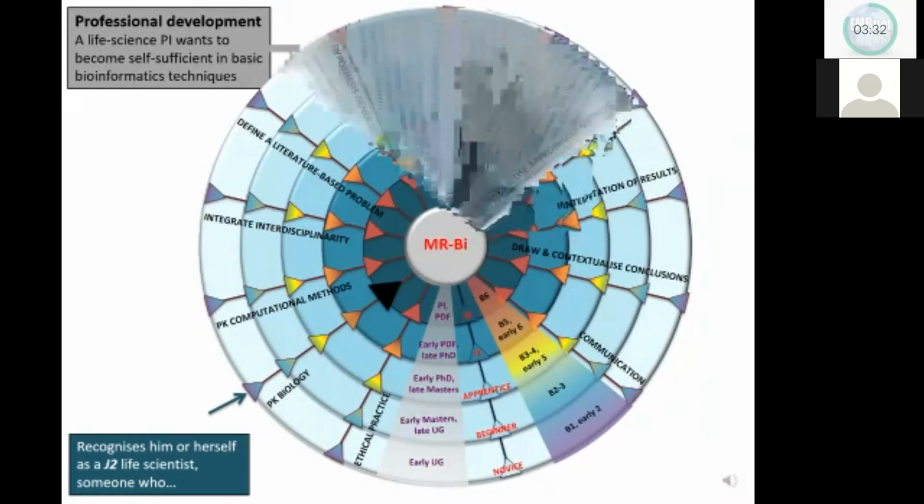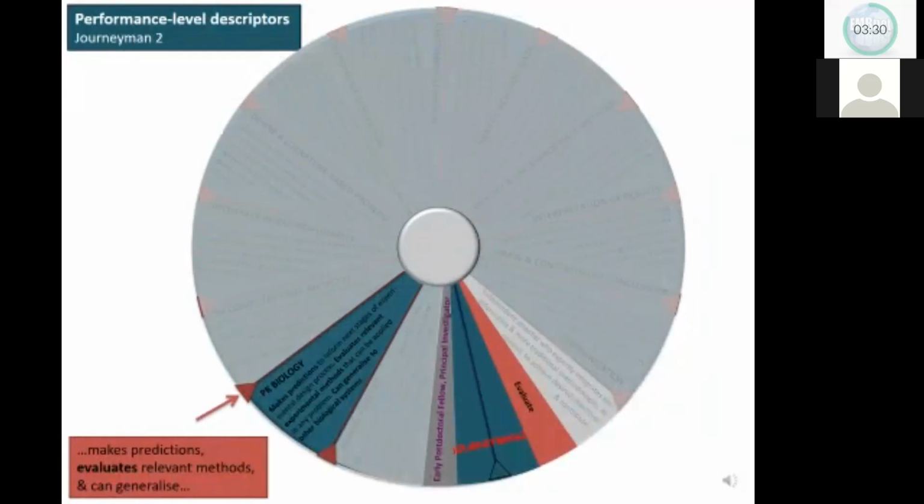And this is someone who makes predictions, evaluates relevant methods, and can generalize to other biological systems, and so on. And as you can see in the highlighted performance levels descriptor here, and note the requisite Bloom's level reflecting that. So this is a person that is a J2, evaluates, in the level of Bloom's in the biology KSA.